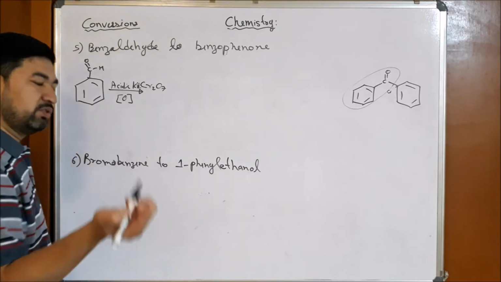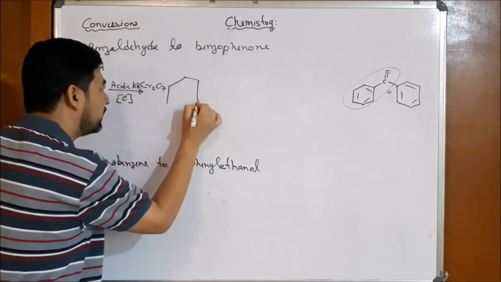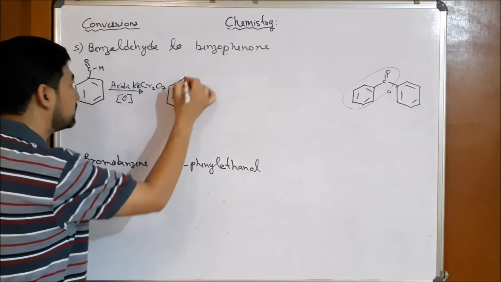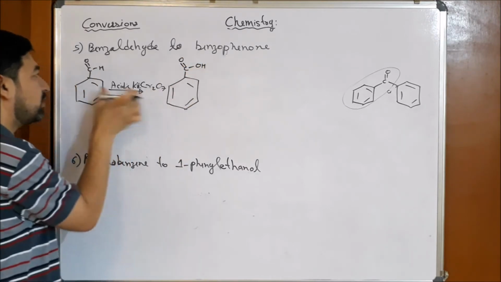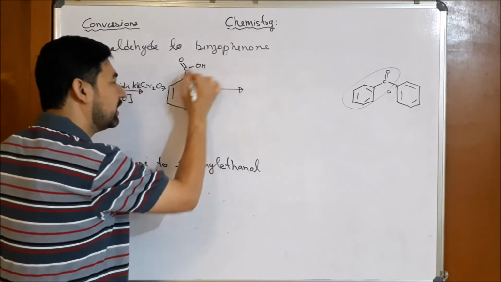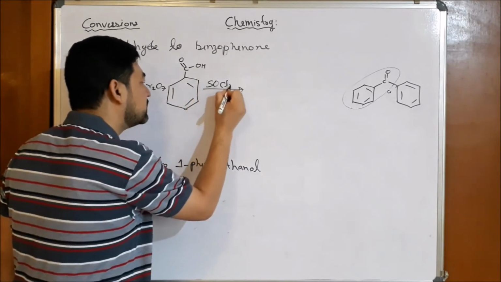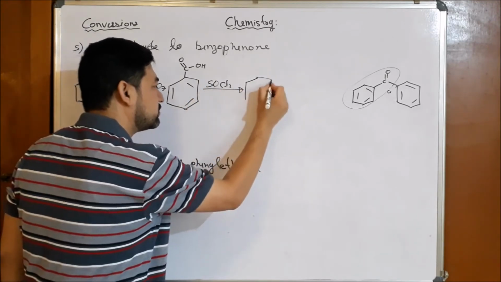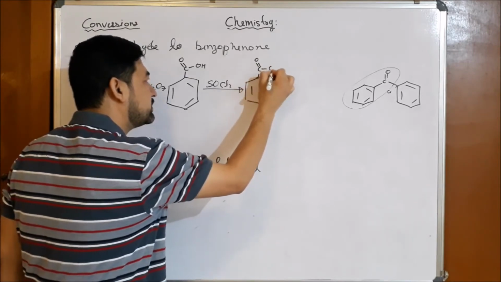In the second step you have to use acid. Otherwise you can use this one. Then it will be converted into C double bond O, the carboxylic acid. Now you can add Cl here. The simplest is SOCl2. So you are getting benzene C double bond O Cl.